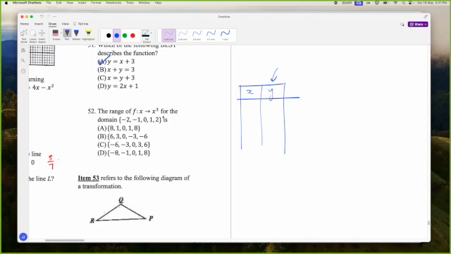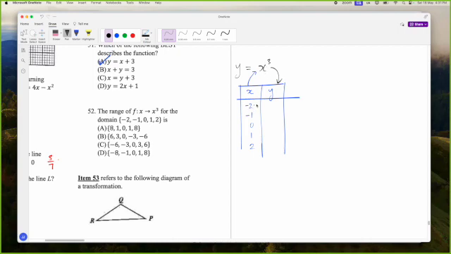So for this domain, when x is negative 2, when x is negative 1, when x is 0, when x is 1, when x is 2, this is the domain. And then you're taking the x and you're putting it through the function. The function is x cubed, and that will give you y, because y is equal to x cubed.